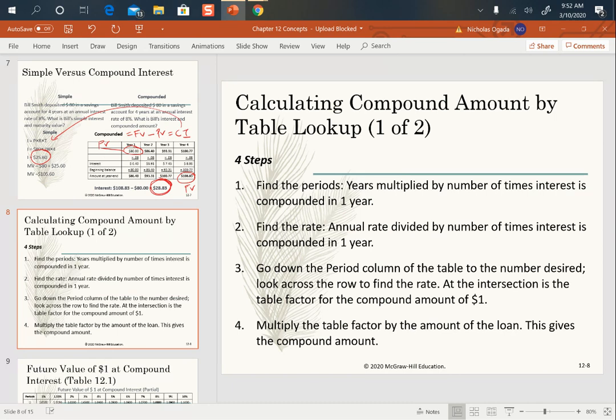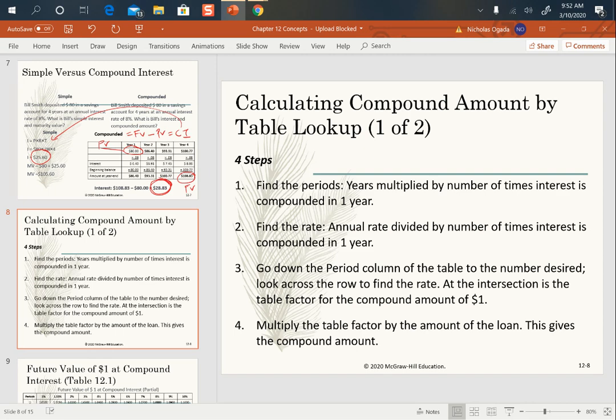Now, I just want to spend some time to show you how we use the tables, because I remember what I said was the text tends to focus more on how to determine the present value and the future value by using financial tables. So we're going to show this.